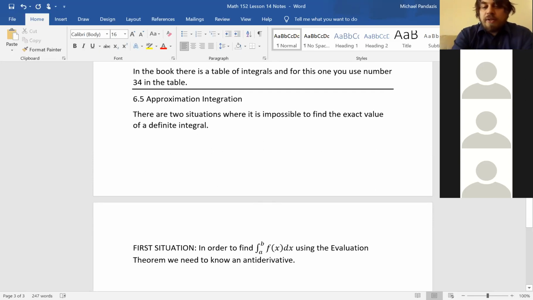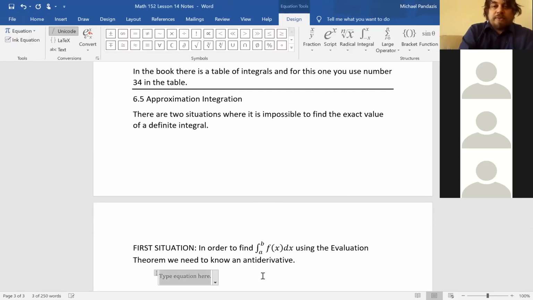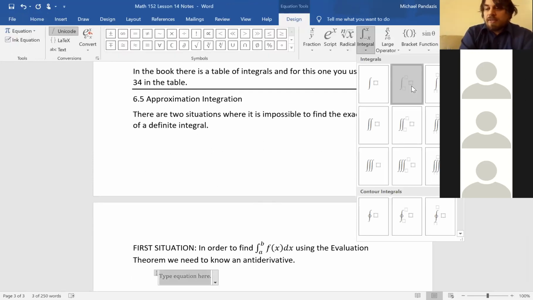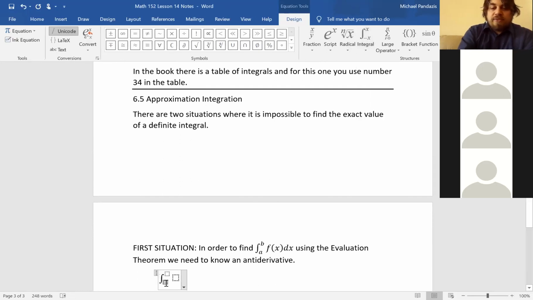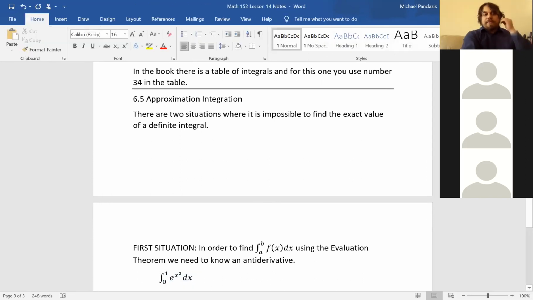Okay, so if you look at this definite integral, the definite integral from 0 to 1 of e raised to the x squared power dx.